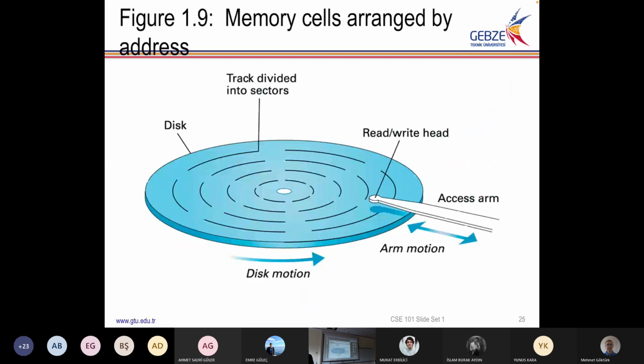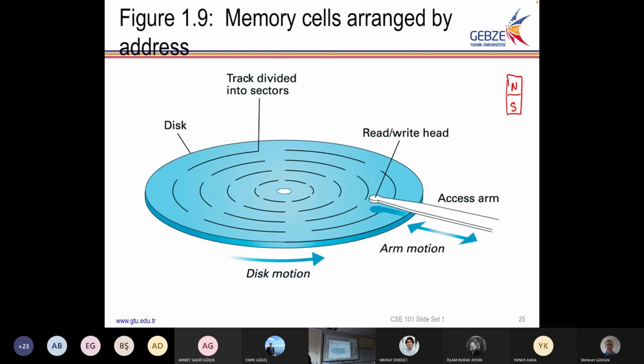So, hard drives. A magnet. There was a magnet video yesterday I posted. Did you watch? So there is a north and south pole of the magnet.